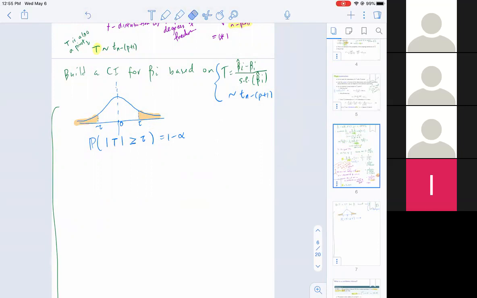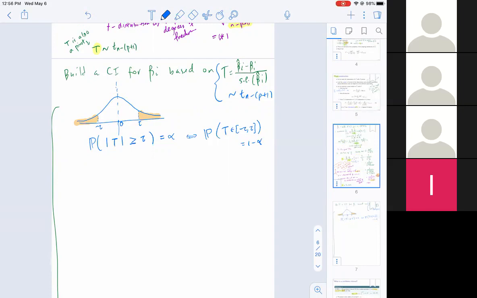Right, yeah. So I want the interval that contains, right, so I'm going to let this be alpha. Because then if this is true, the probability that t belongs to minus tau and tau is 1 minus alpha.